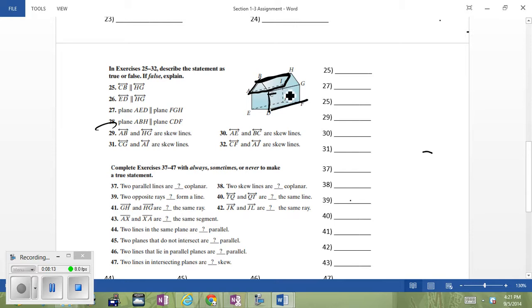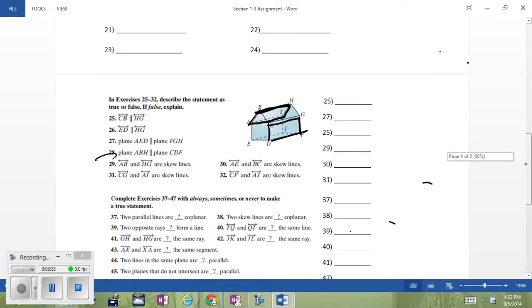So that's this plane over here. Now the question is, are the planes parallel? No, they're not parallel. If planes are not parallel, then they're intersecting. So if we were to extend those planes, they would intersect at some line.